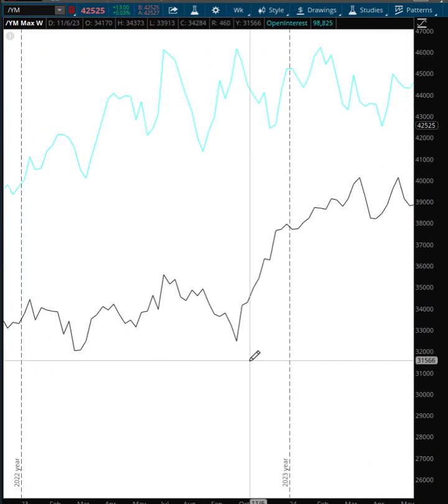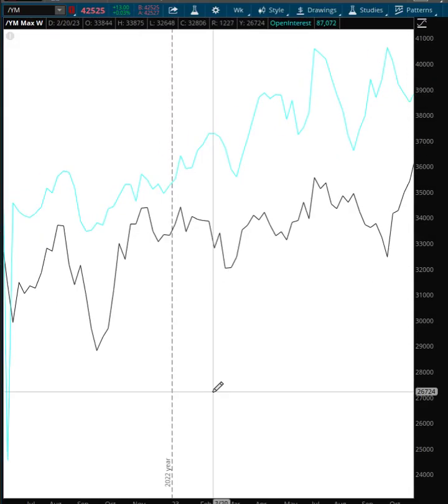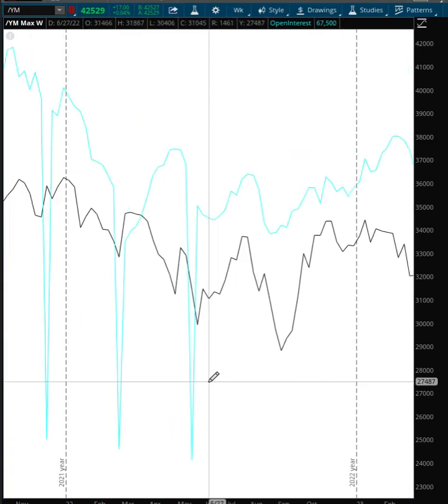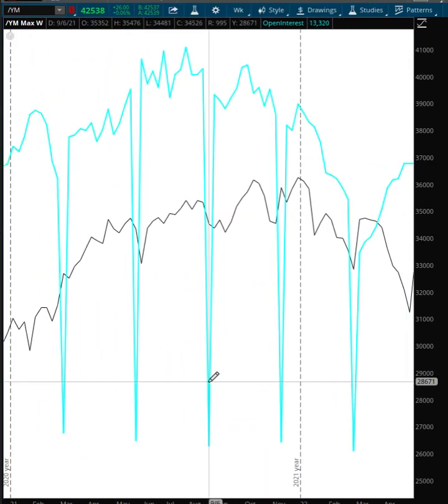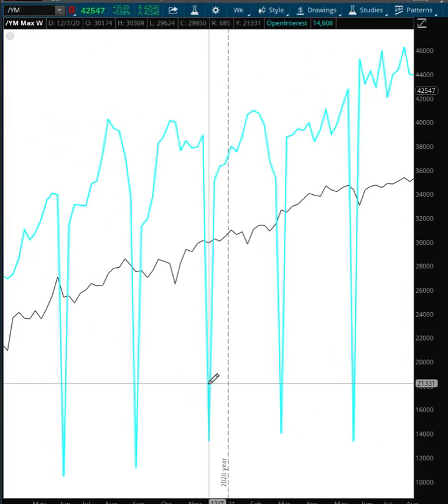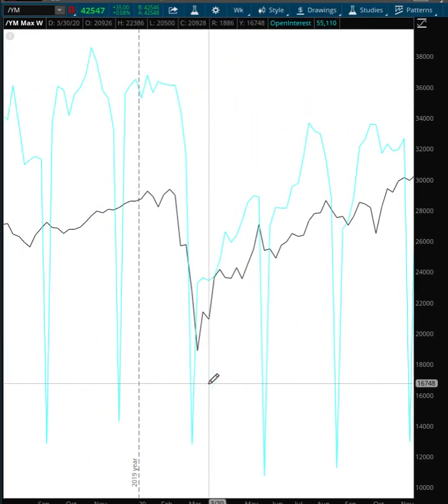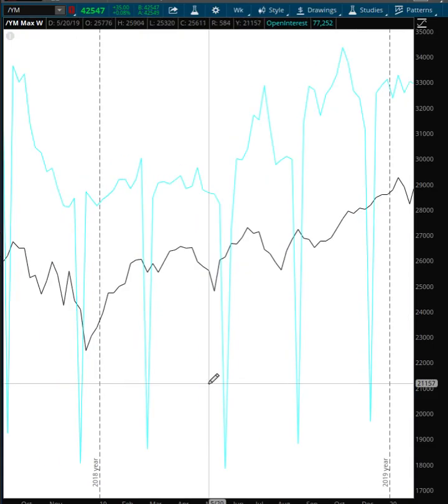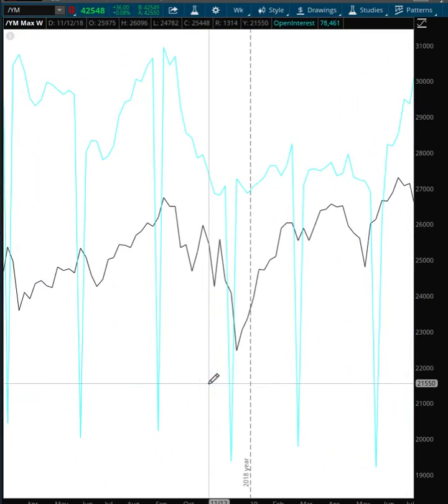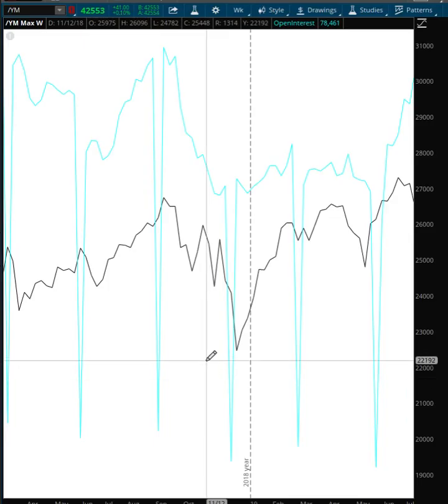So what you're looking to do, you're looking at matching pictures. Right? You find a picture in a container, you match it, create your setup, put in your stops, and more importantly, you need an exit point. All right?